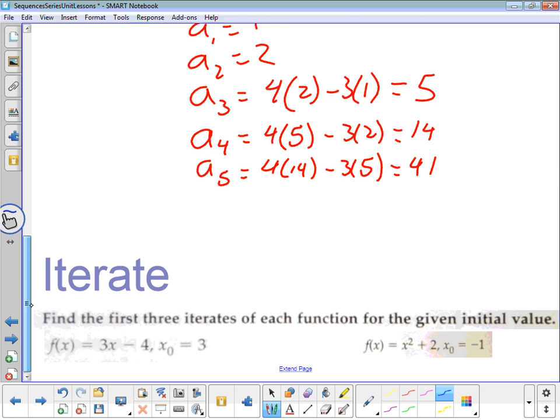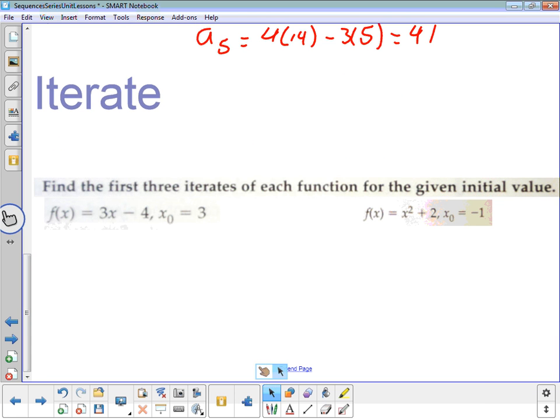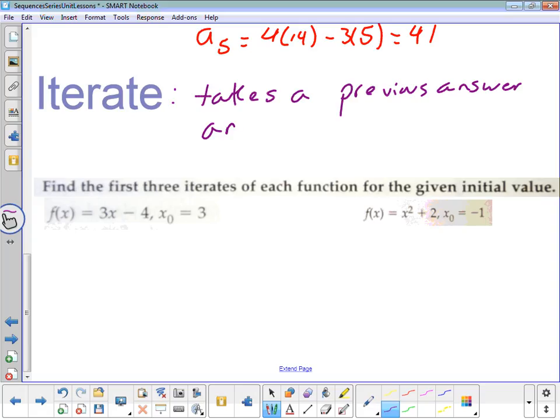Okay, this brings us to the idea of an iterate. An iterate is a special sequence. What it does is it takes the answer from before and it runs it right through the formula. So it takes a previous answer and plugs it into the formula.